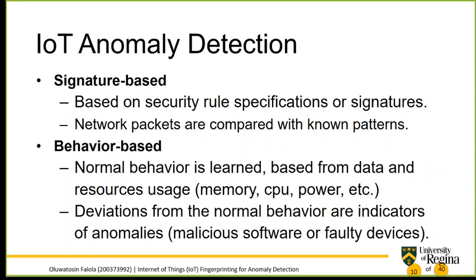And there are ways by which we detect anomaly. There is the signature-based method, and there is the behavioral-based. Signature-based is just based on the signature of the network, for instance the memory log of a computer system.